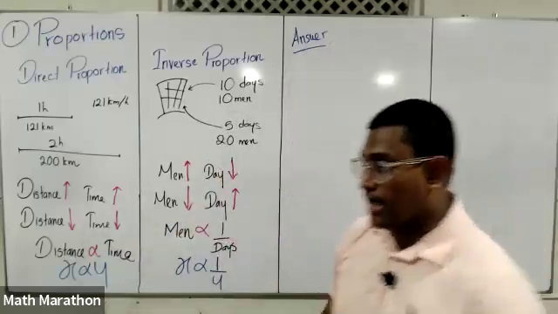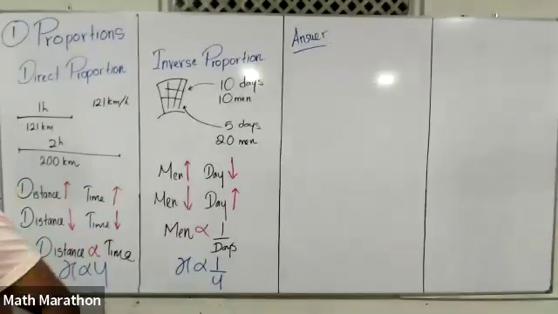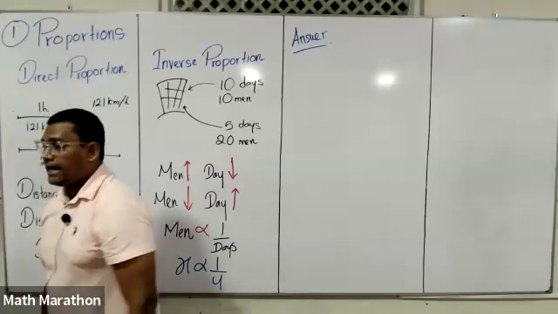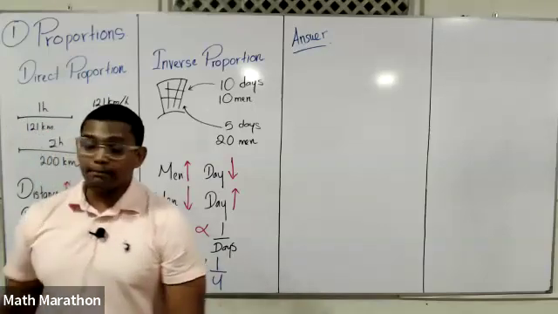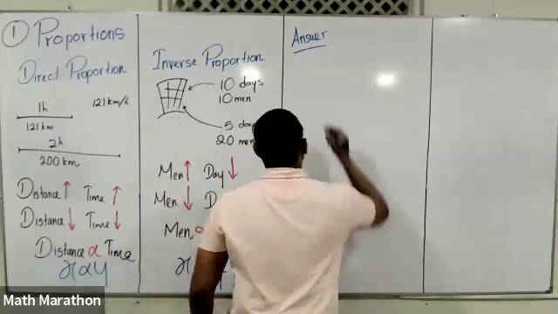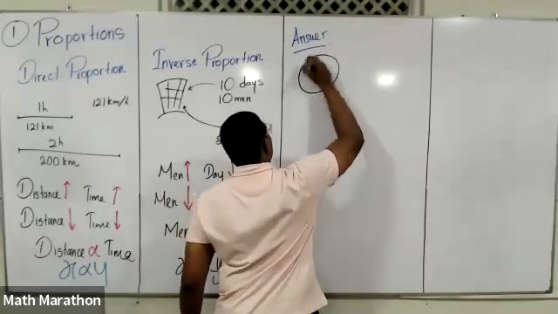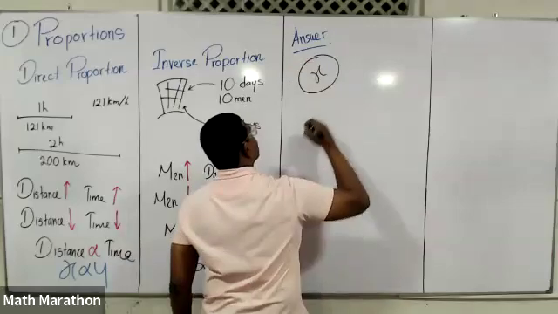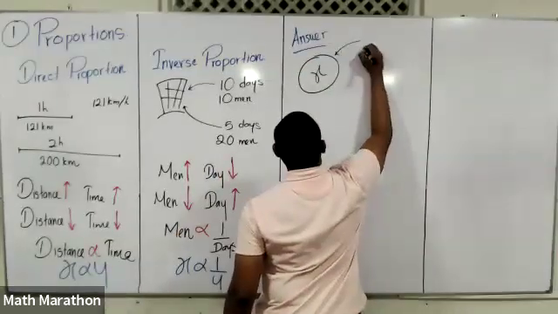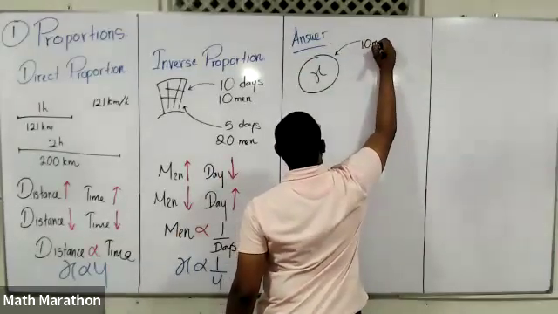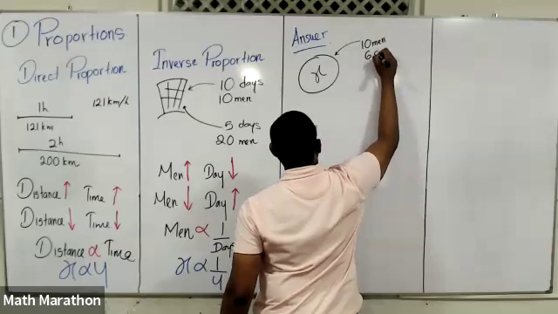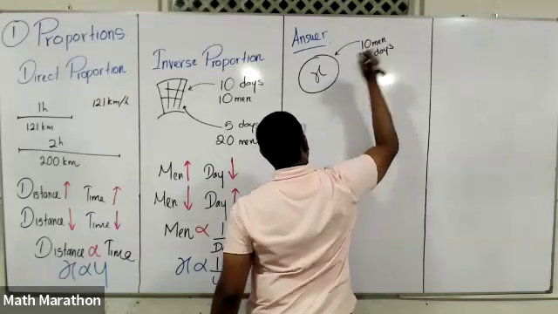So what have they told us? It has been estimated that it will take 10 men 6 days to complete a certain task. I don't know what the task is, I'll keep it as x. I need 10 men for 6 days to finish that task.